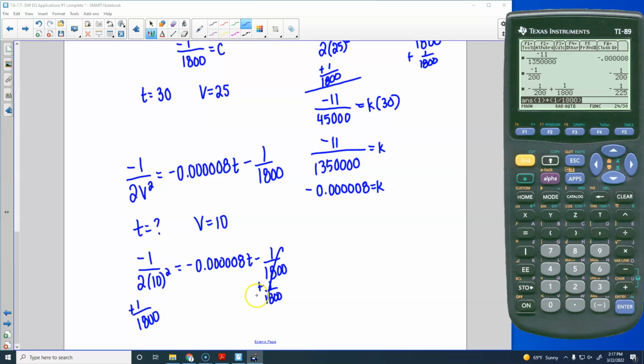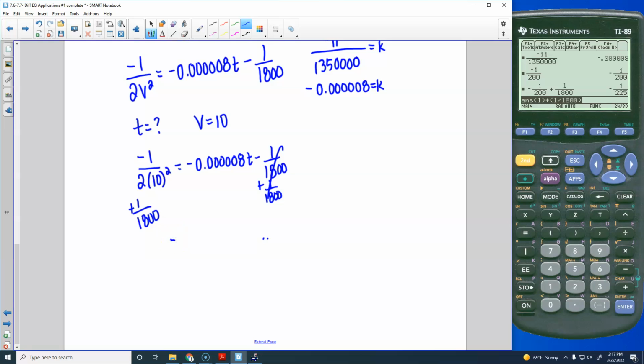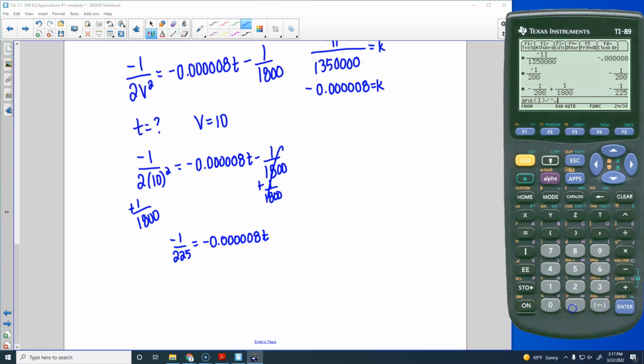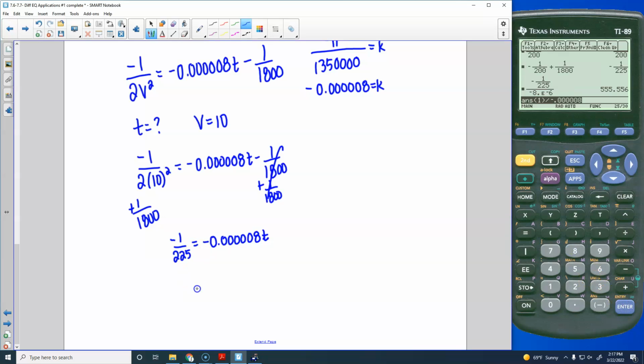That gives me negative 1 over 225 equals negative 0.000008 t, and then we'll divide by that negative 0.00345. Alright, so we get our time is 555.55 repeating.